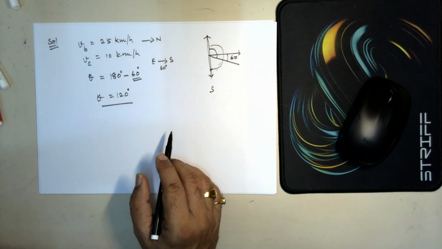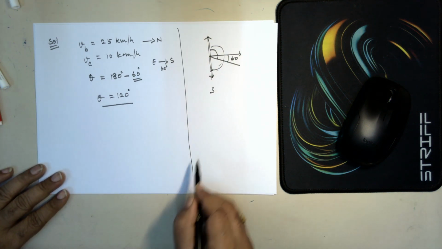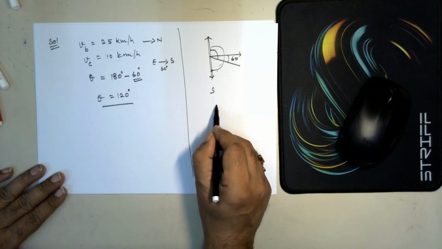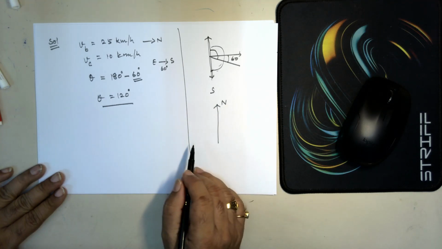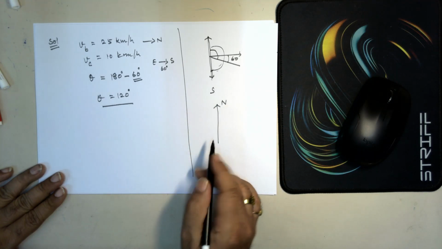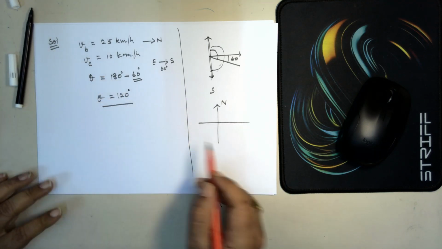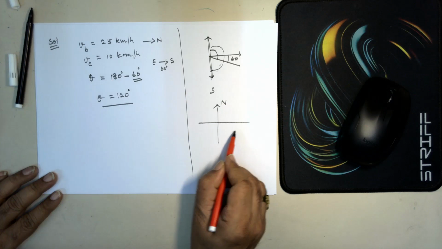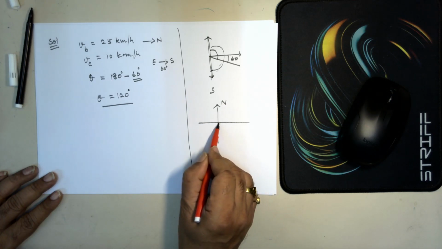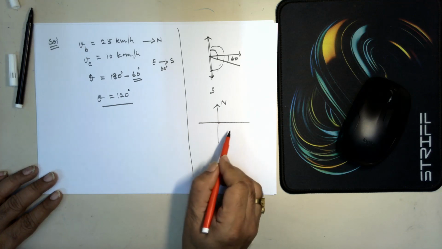Got it? Let me explain once again. This is towards north, okay? Now we want to identify the direction of the water current. How they have given it is shifted towards the 60 degree. So this is 60 degree, right?